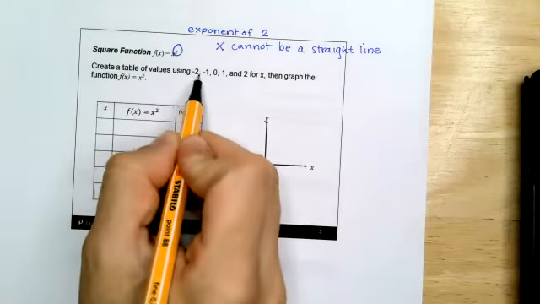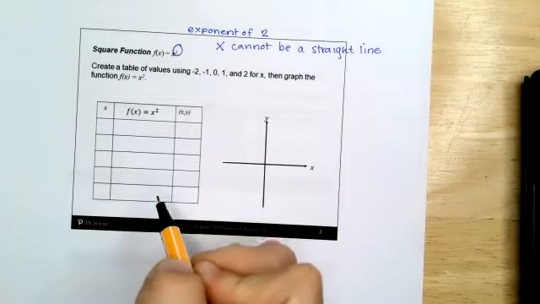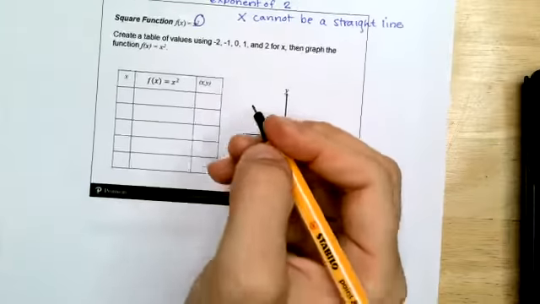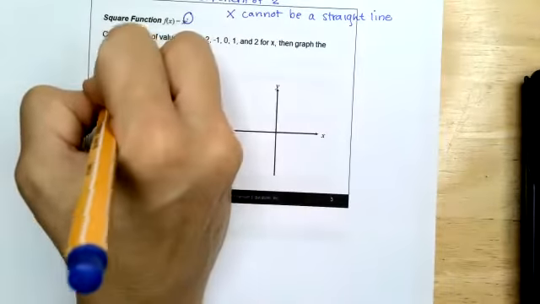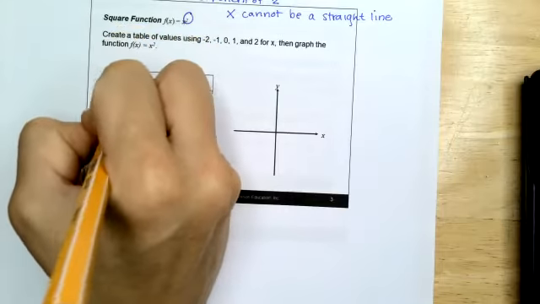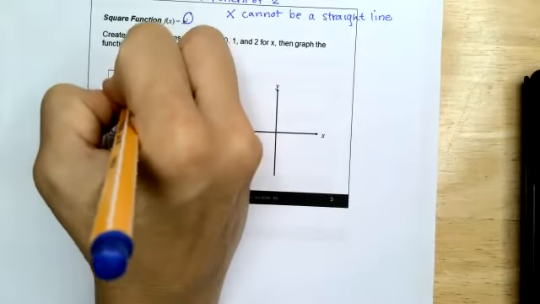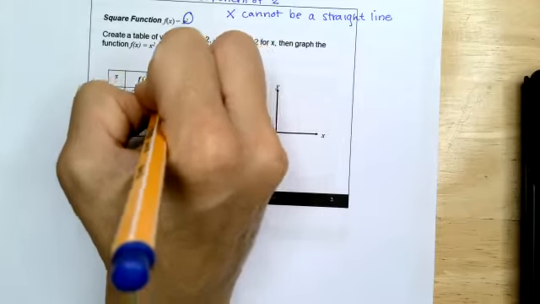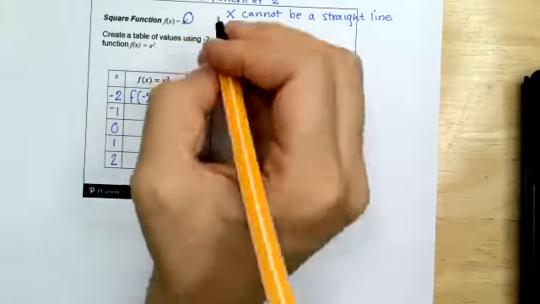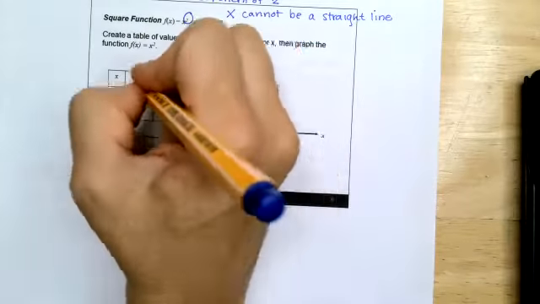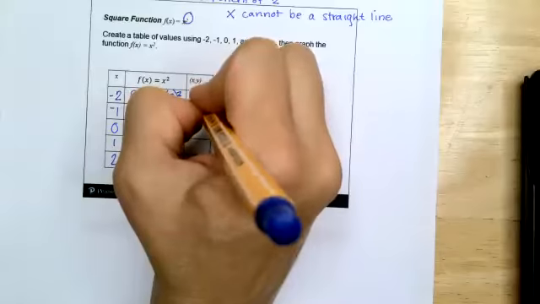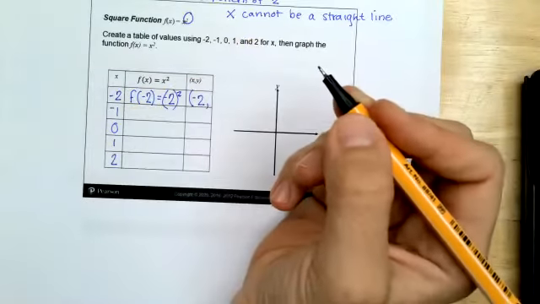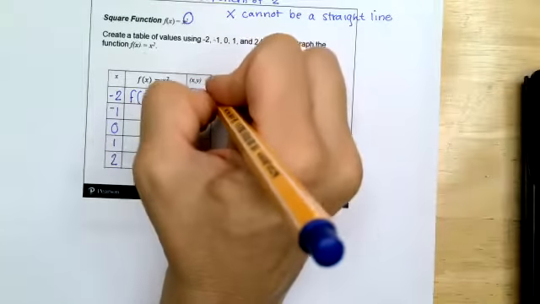Create a table of values using -2, -1, 0, 1, and 2 for x, then graph the function f of x equals x squared. F of -2 equals -2 squared. Should respect the parentheses. So when x is -2, y is -2 squared. -2 times -2 is a +4.